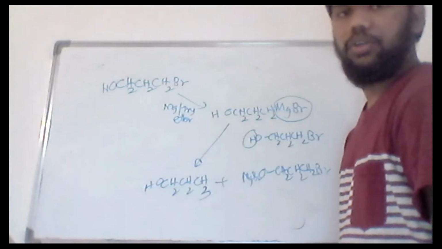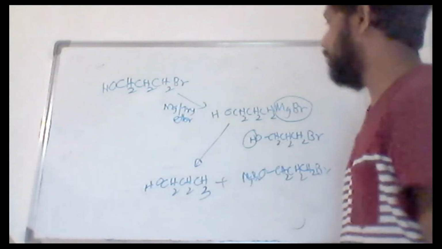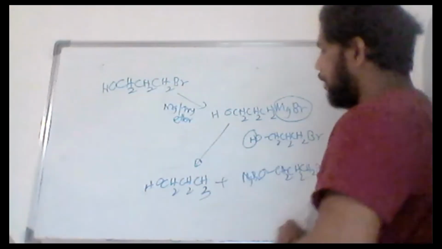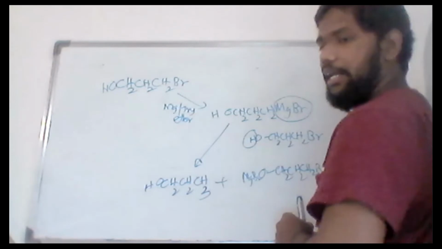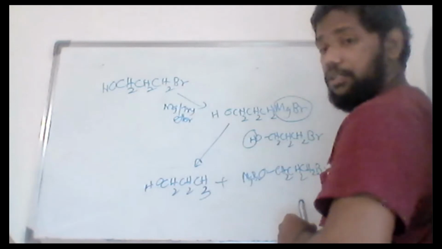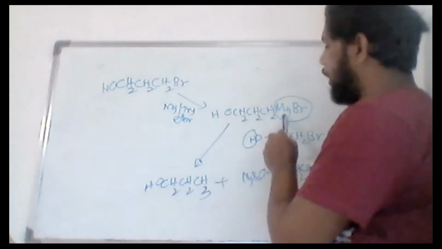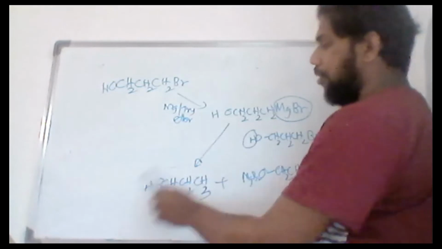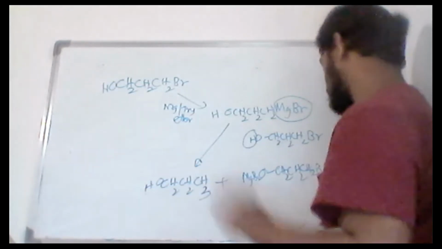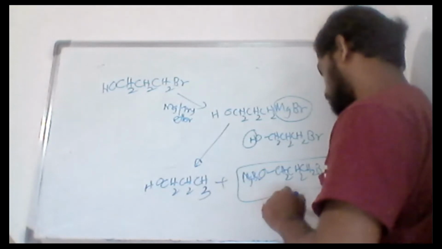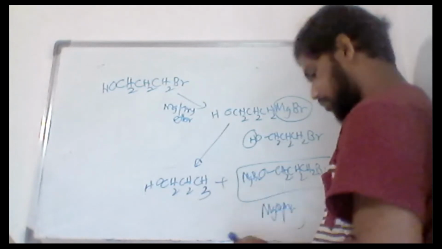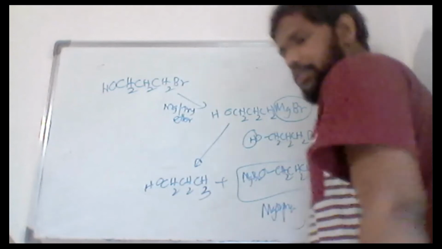So why can it not be prepared? Because you can write down this reaction and state that Grignard with this H plus, the acidic hydrogen of the alcohol, is destroyed to form this, and the major product is this. And this will continue like this.